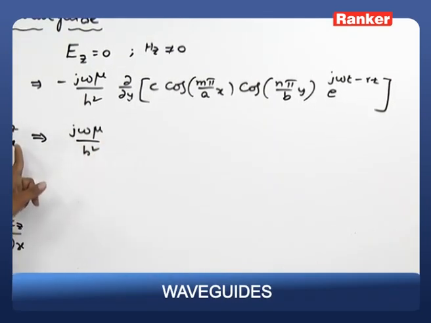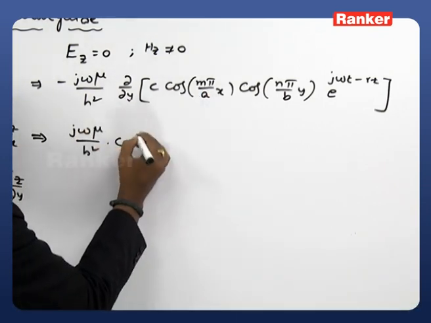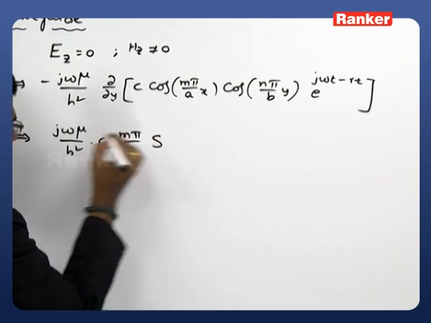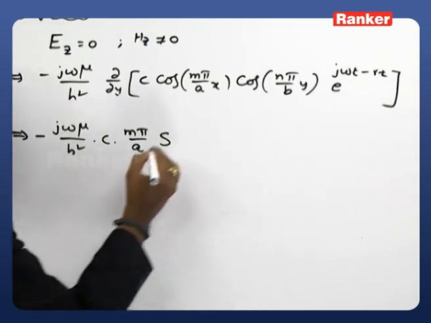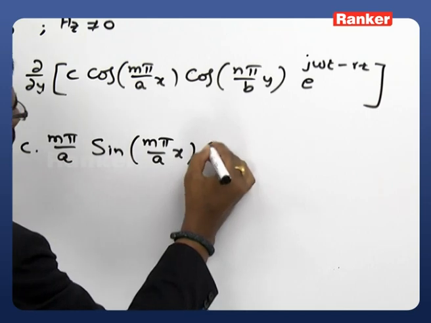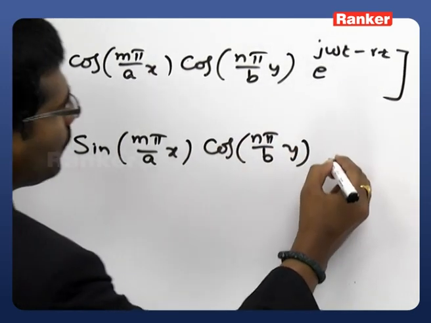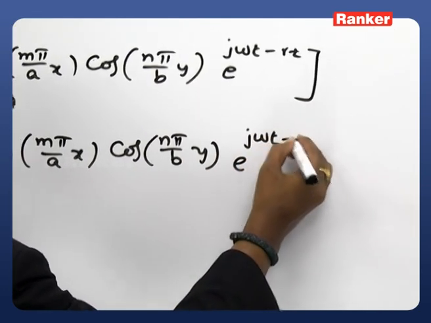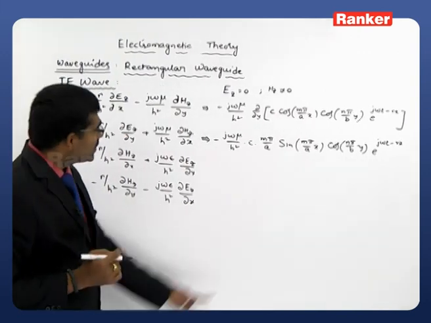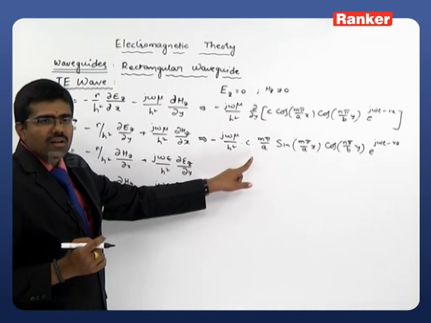The differentiation is with respect to x, so the x factor remains for us, C m pi by a, and this becomes a negative sign, so I am adding a negative sign in front of this one, sin m pi by a x, the cos term left as it is, cos n pi by b y e power j omega t minus gamma z. So this is the final equation that we have for our Ey, right?